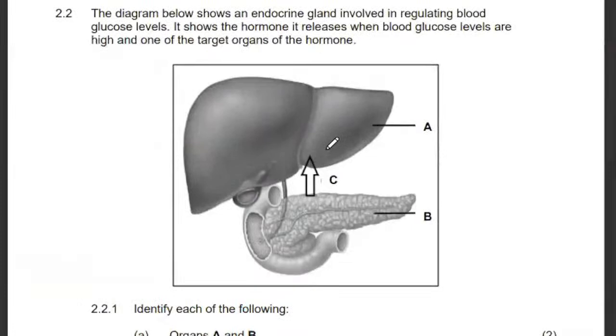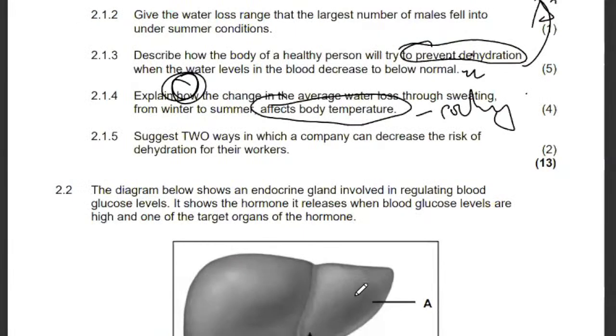The next question says that the diagram below shows the endocrine gland involved in regulating blood glucose, the hormone it releases when the blood glucose level is high, and one of the target organs of the hormone.